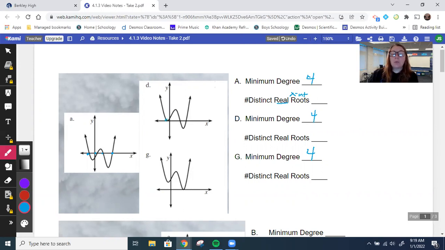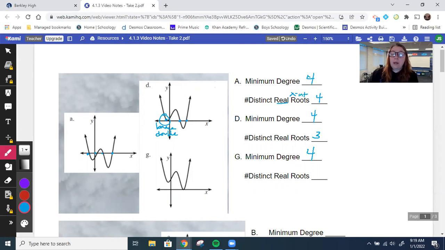So here this has 1, 2, 3 real roots. Okay, this one we would say has 1, 2, 3, 4 real roots. And the difference here is that this one bounces. And remember, when you have a bounce, that means that it's a double root. So we've got 1 double root. So that accounts for like 2 when we count degree, and then 3, 4. That's how the degree is still 4.